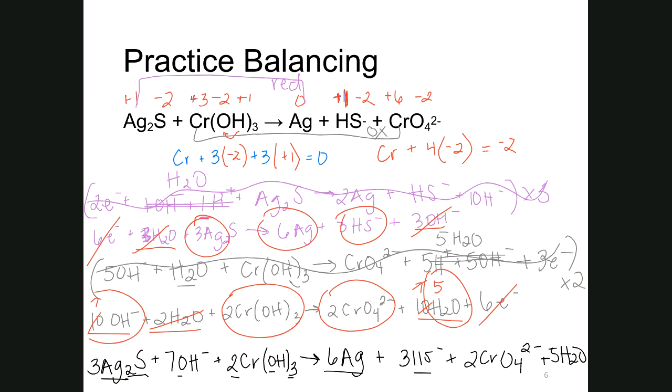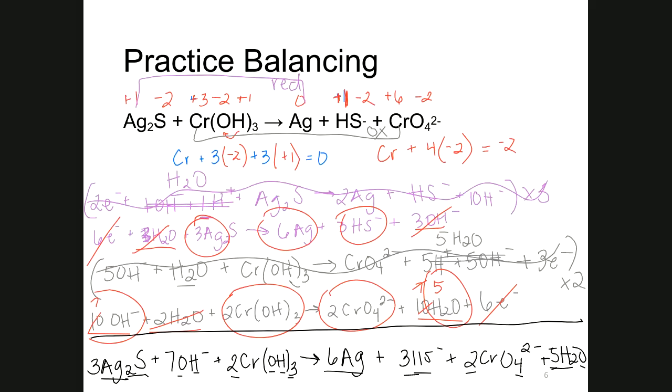And then if I compare with my oxygens on the right side, I have 8 here plus 5, so that's 13 on the right side. For my hydrogens, I have 7 plus 6 again is 13. For my hydrogens on the right side, I have 3 here plus 10 here. That's 13. Everything's balanced, and what we have in the black is our final answer.